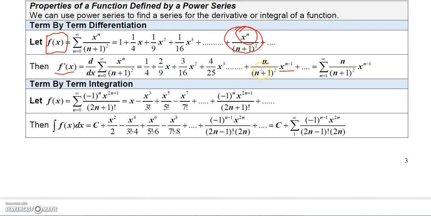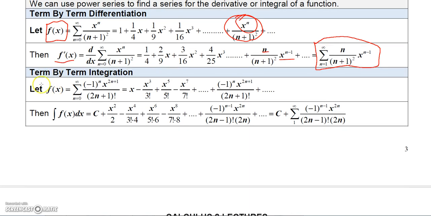So therefore, we could actually write the derivative as another infinite series where we go from 1 to infinity, and this would be how we would represent these terms. So this series represents the derivative of the function.